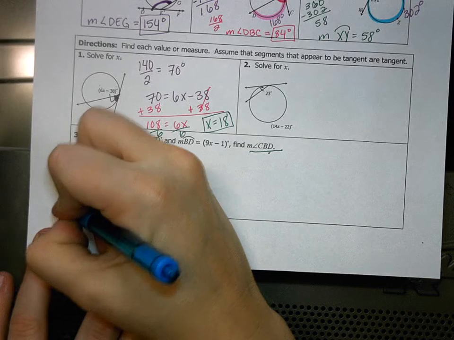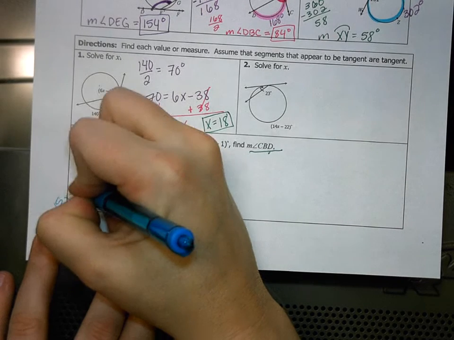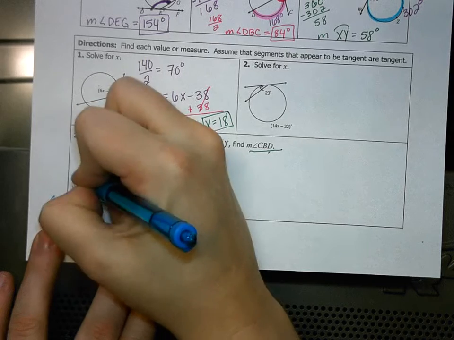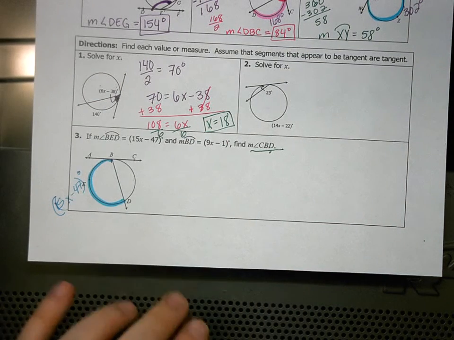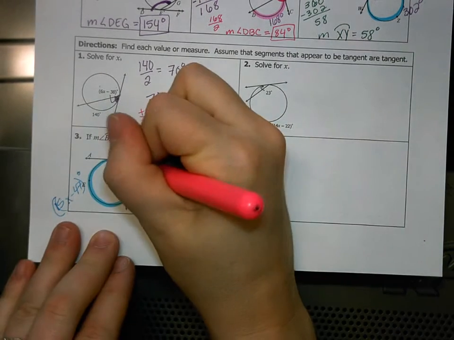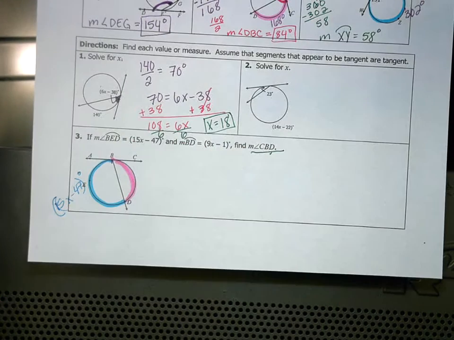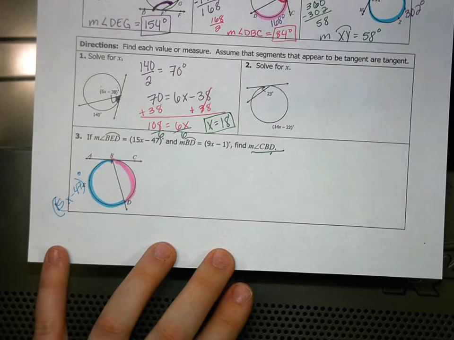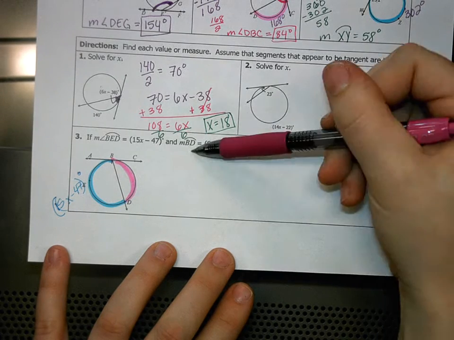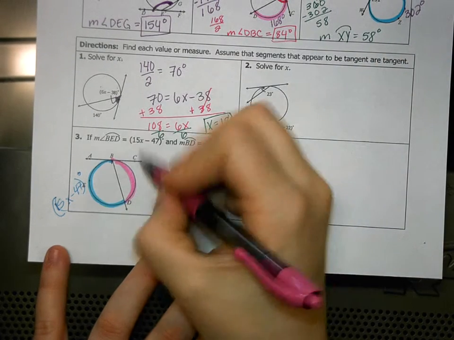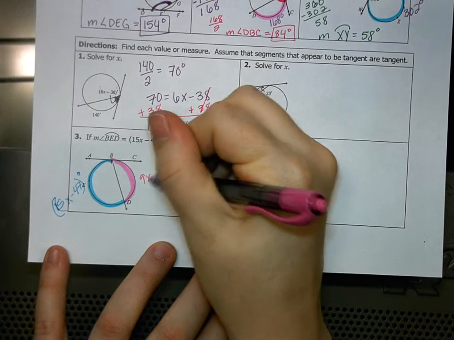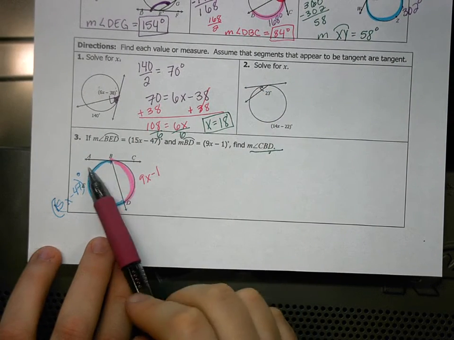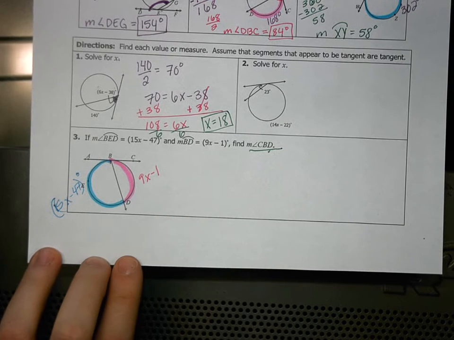So that's 15x minus 47. The measure of BD is the shortest distance. What does that give you? Measure of arc BD is 9x minus 1. We want to find one of these angles, but in order to find that angle, I need to know what the arc equals first.